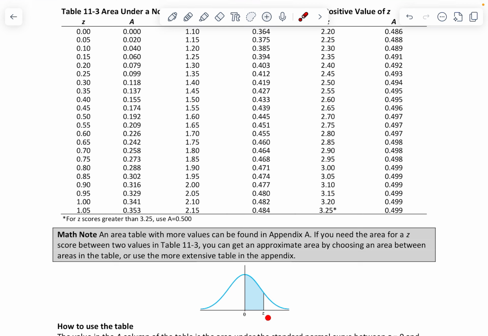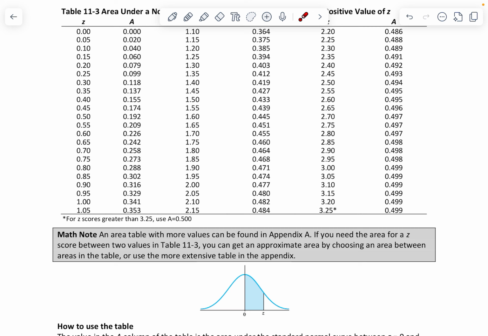If this z-score was 0.9, the shaded area there would be 0.316, okay? If this z-score was 2.05, the shaded area would be 0.48, okay? If this z-score here were, I don't know, 2.5, the shaded area would be 0.494.